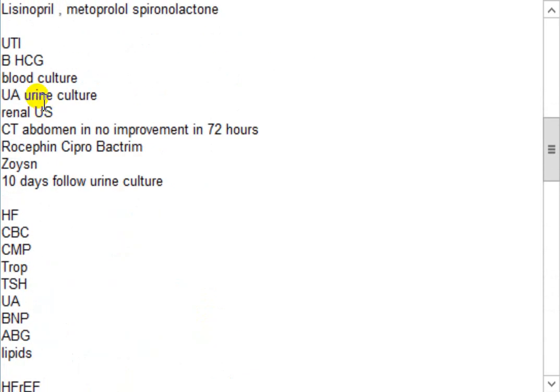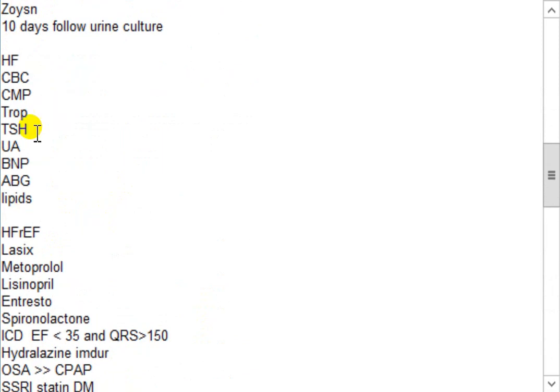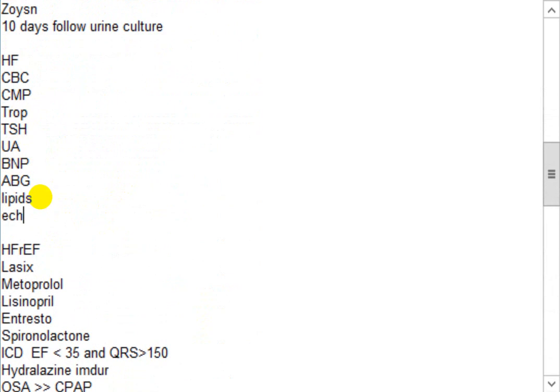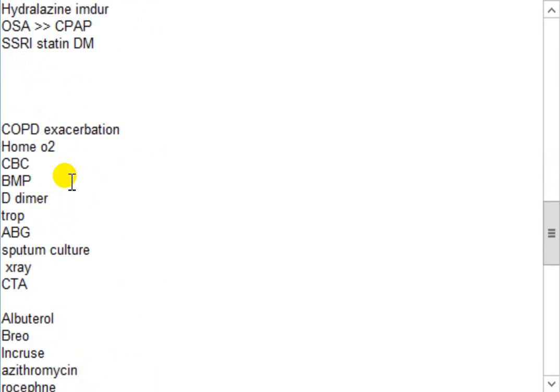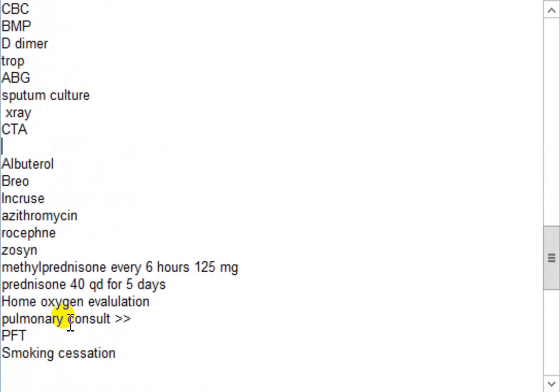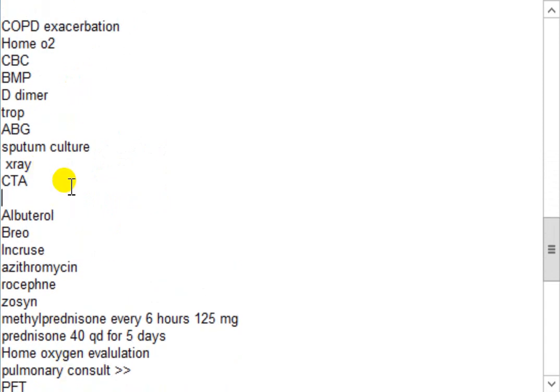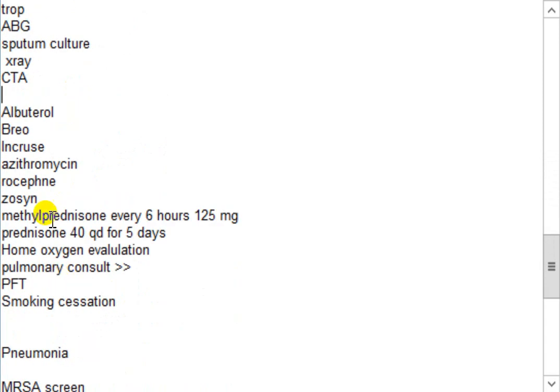So for UTI, usually UA, blood culture, Rocephin or Zosyn. For heart failure, usually you can do an echo as well, ABG, Lasix. If they haven't had an echo in a long time, you can do that. Lasix and Entresto. Lasix usually gets the volume overload out. For COPD exacerbation, usually methylprednisolone, Breo, Incruse, albuterol inhaler, and you can add antibiotics as well.